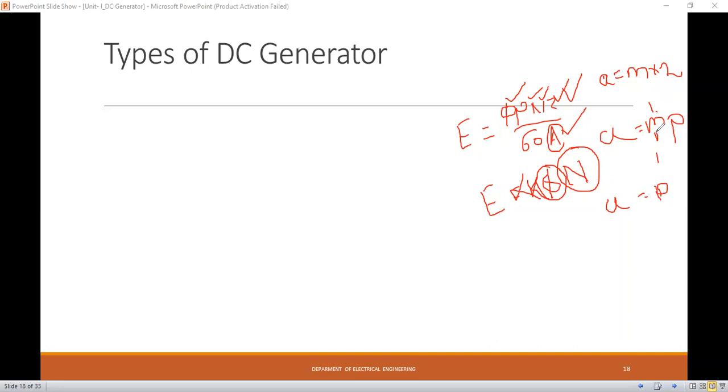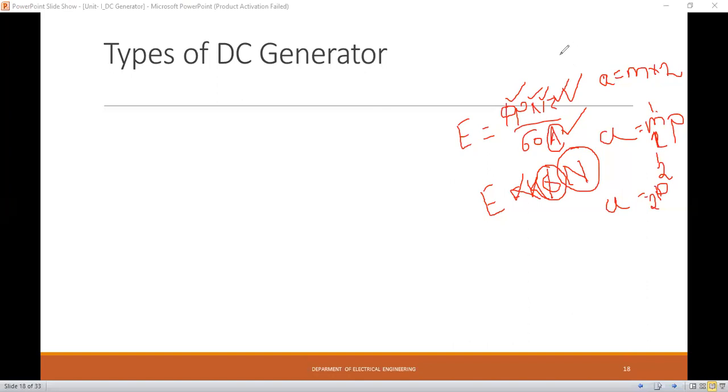For duplex winding, M is equal to 2, so it is 2P, that is, the number of poles multiplied by 2. So these are the numbers of parallel paths in case of a DC generator. According to this, we do the calculation while solving a problem based on the induced EMF equation.